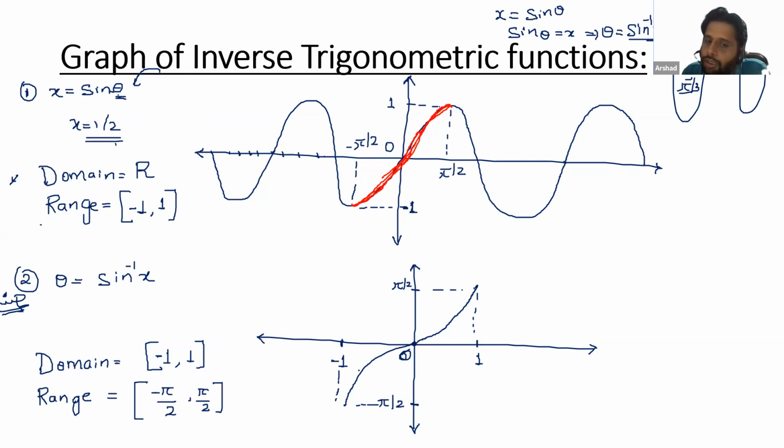If you check the graph, on the y-axis you have only minus pi by 2 to pi by 2. Is it clear, Abdur? Yes. If you take R, the function will not be bijective and we can't find the inverse. So domain and range will become reverse. This is very important, you need to remember this.